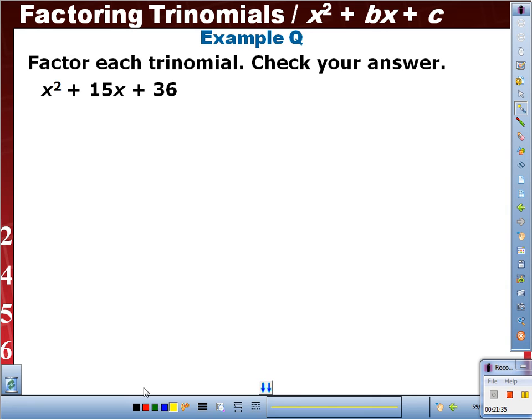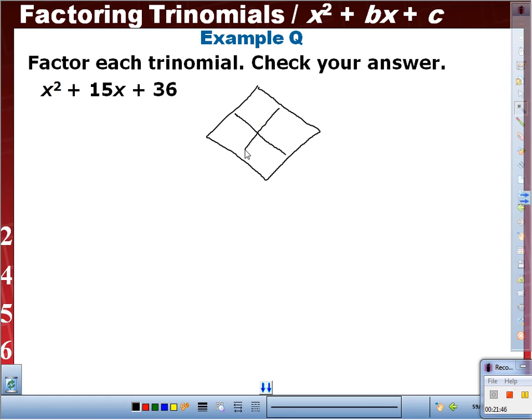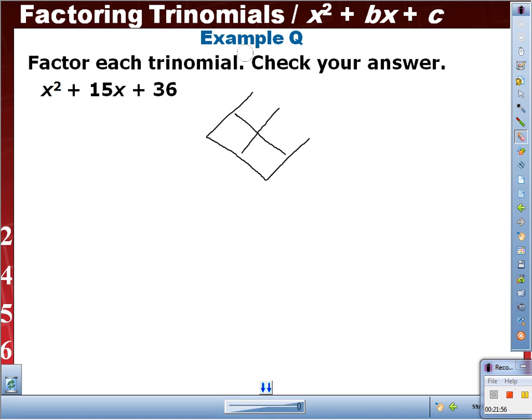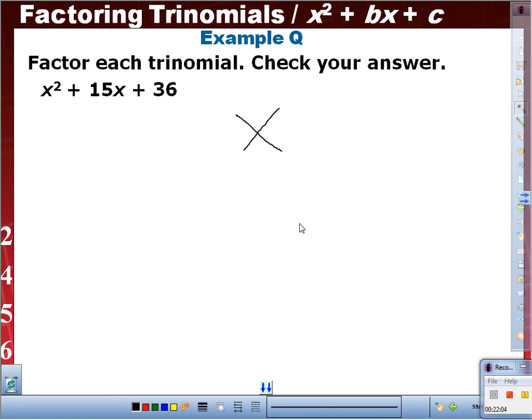The new method is called using a diamond. There it is. However, that's going to be too much to do every time for each problem. So to simplify it, instead of making a diamond, I'm going to erase all this and leave it like this, and I'm just going to call it a Power Ranger.